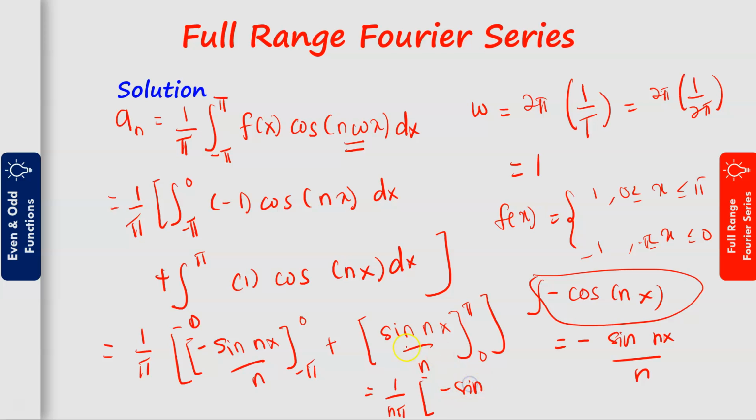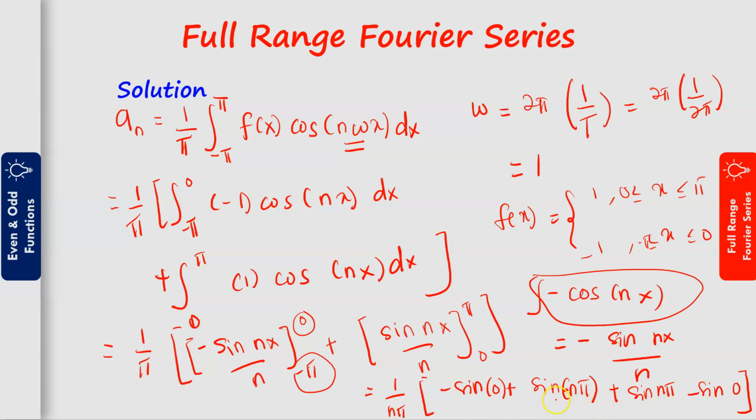Negative sin of nx, and I can substitute the values 0 and negative pi for x. So negative sin 0, minus negative sin of n times negative pi, so minus negative, you get plus sin of negative n pi. And then plus sin n pi minus sin 0.